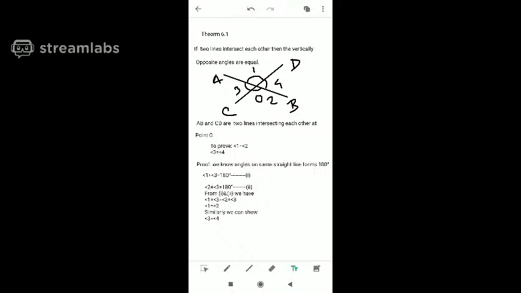So theorem 6.1 is finished. Now I'm going to do the next one. Exercise 6.1, question number 1.